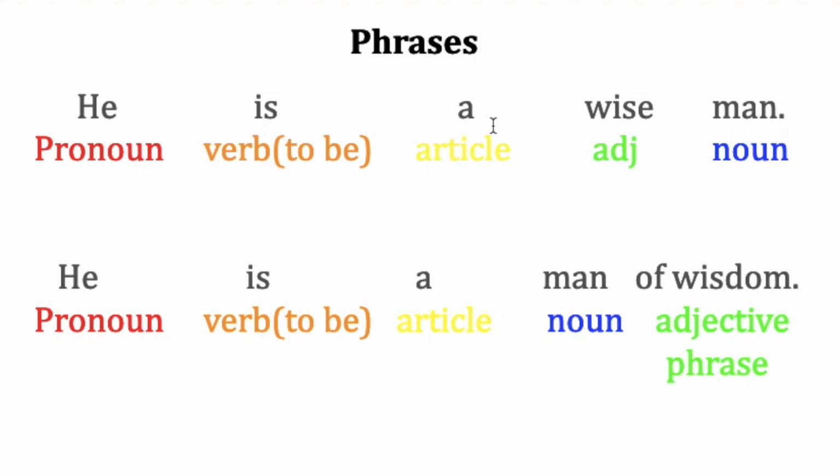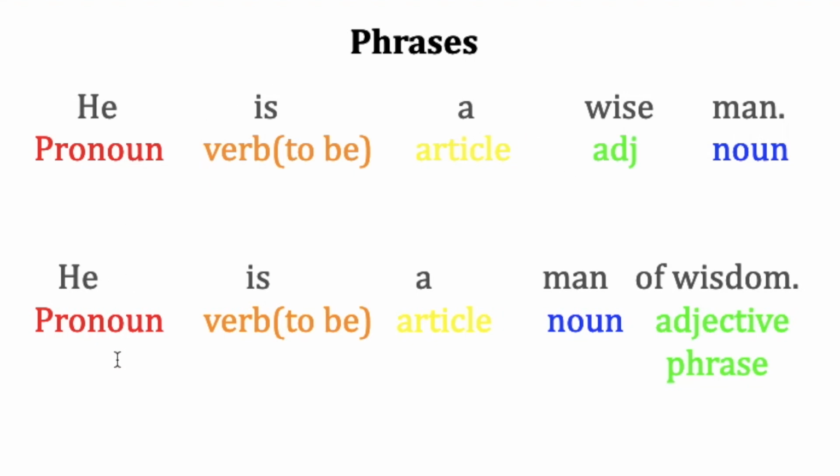A is the article. Man is the noun. Wise is describing the man, so wise becomes the adjective. So this is how you see the different parts of speech included in the given sentence.